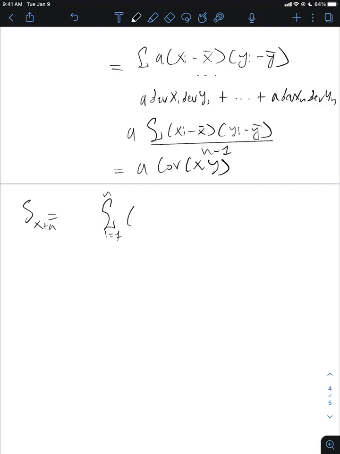So we would say here axi minus ax bar, except it's squared because we don't have a second variable. This is a single number measure for a single variable. And bring this on top.